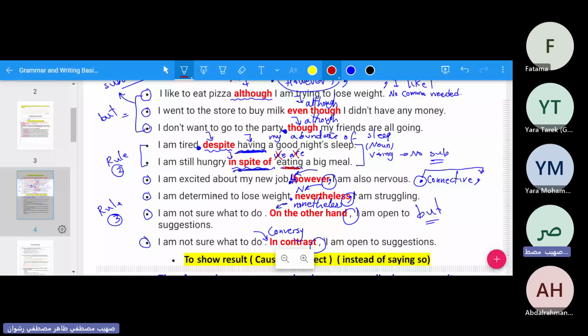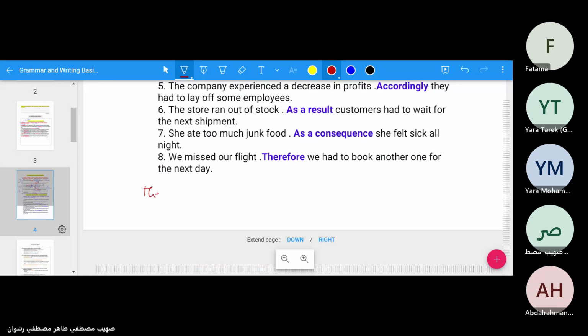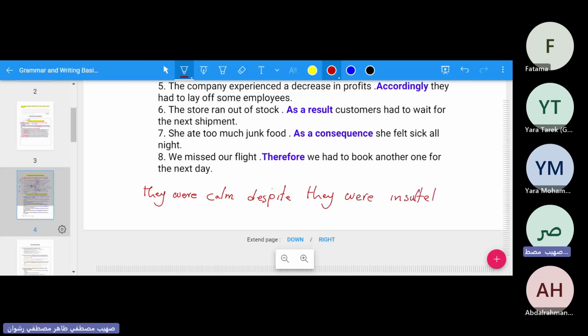Let's write another example. Look at this sentence. They were calm despite they were insulted. This sentence is wrong. In this sentence, I can use although correctly. What about despite? How can I fix it?